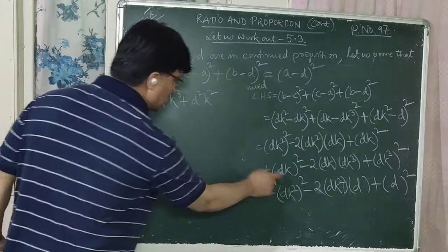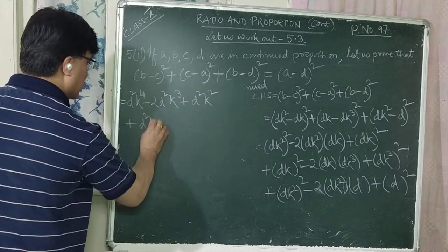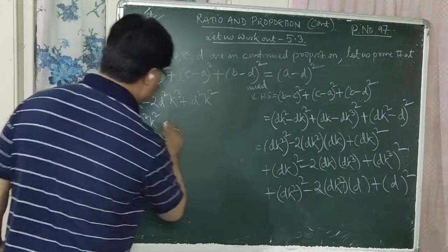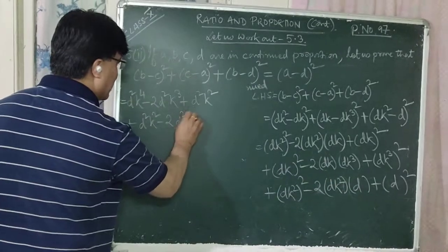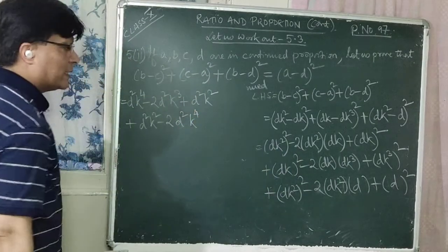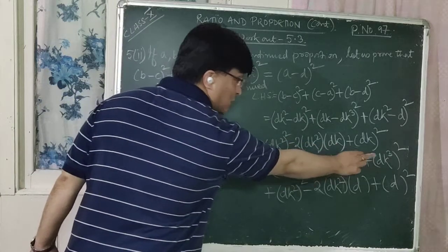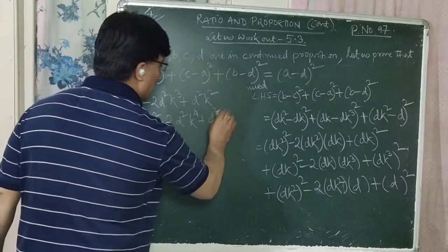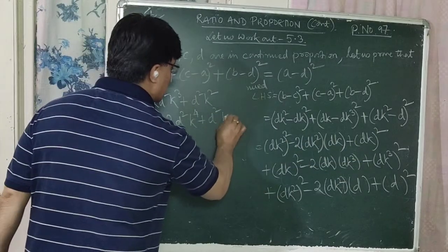Again, plus (dk) whole square is d²k², minus 2 is there, d into d, d², k into k³, powers will be added, k⁴, plus that square is for both d as well as k³, that is d²k⁶.